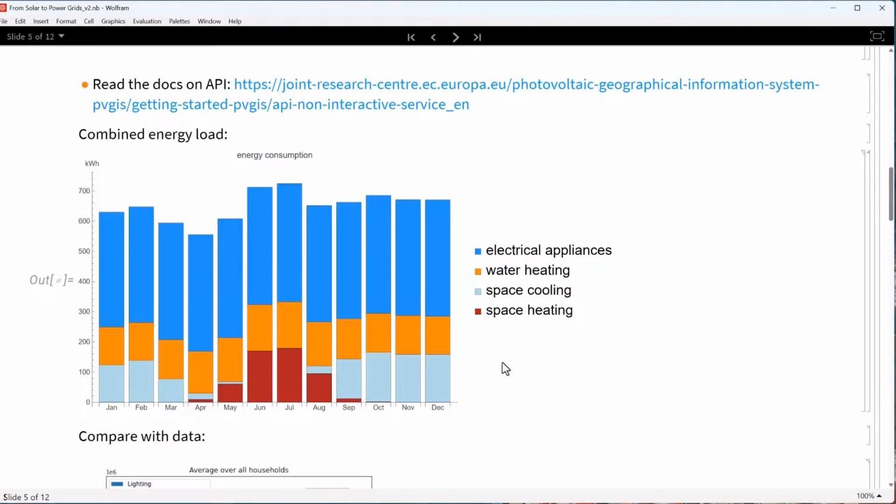For a 100 square meter house, the model predicts an average consumption of around 650 kilowatt hours per month, which stays fairly consistent throughout the year. The major contributors to this demand are electrical appliances, followed by water heating and space cooling. During the winter months in South Africa, roughly May to August, the demand shifts towards space heating, while the rest of the year is dominated by cooling loads.